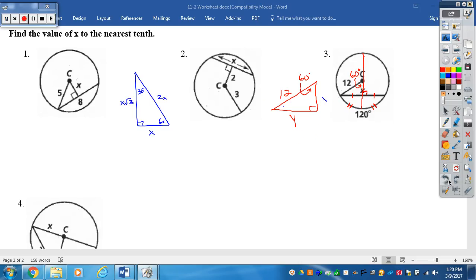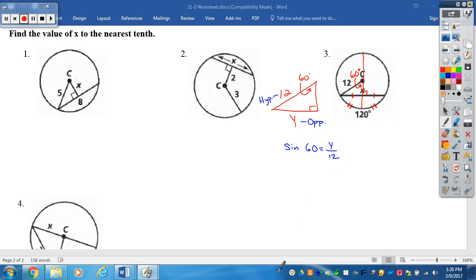And so I'm going to take a moment and show you how to use the trig functions here. All right, so to use the trig function to find y, here's your opposite side, and here's your hypotenuse. So I'm going to go ahead and do, this would be the sine of 60 is opposite over hypotenuse.